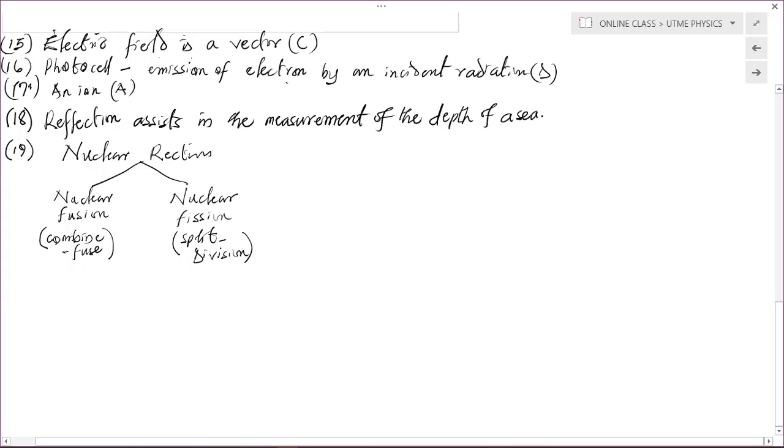So when you define nuclear fusion, it means fuse together.